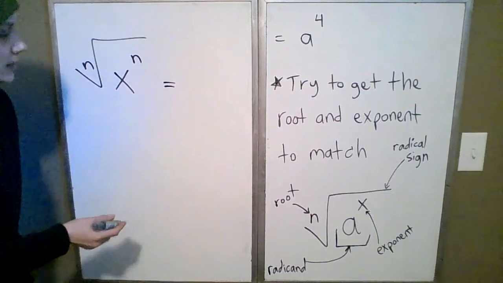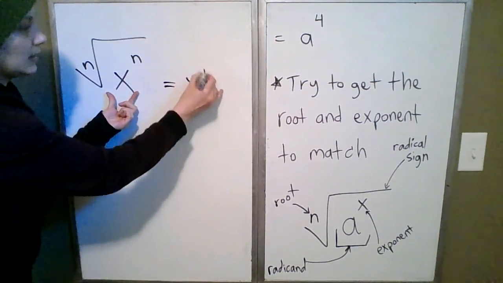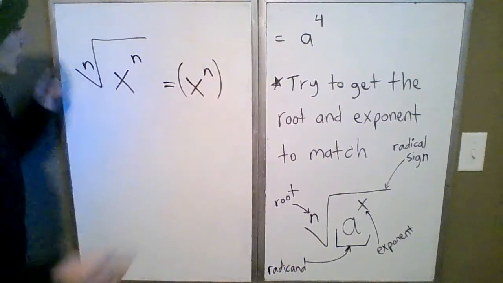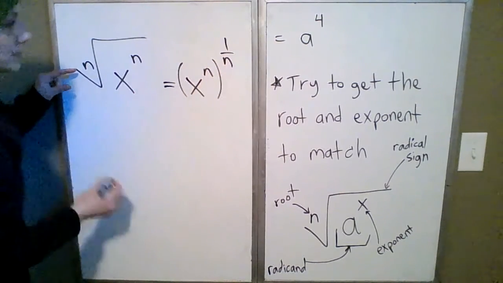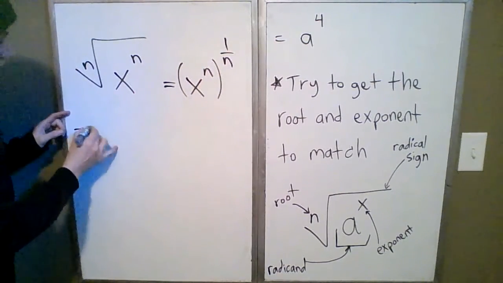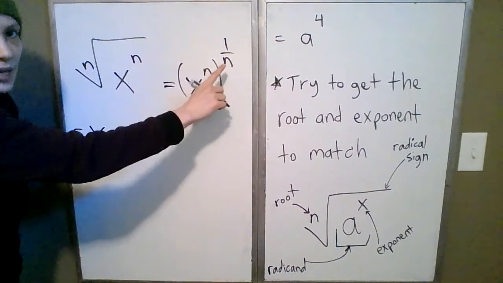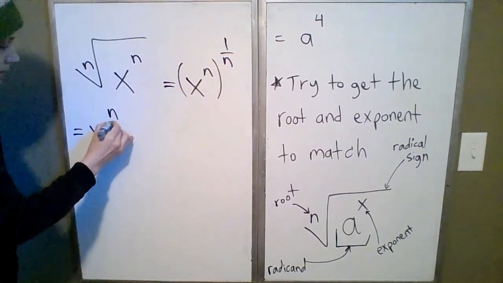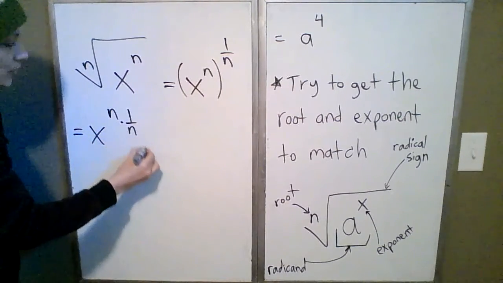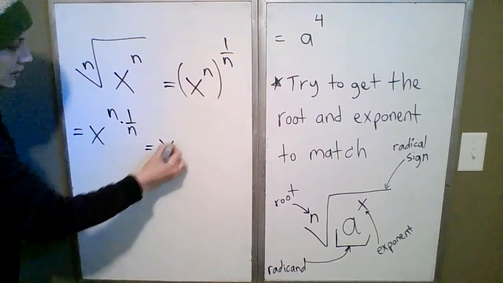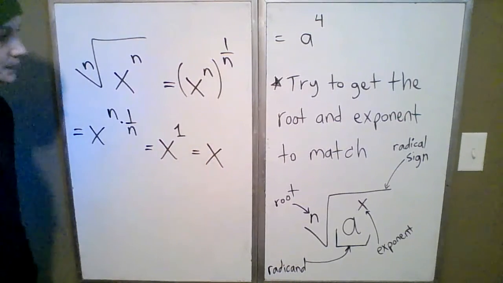Then this part, the radicand, x to the n, has a power of 1 over n. So you take your x, the power is n times 1 over n, or n over n, which is 1, which we know from before is x.